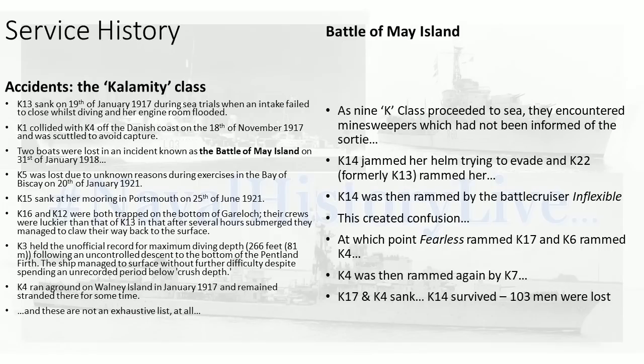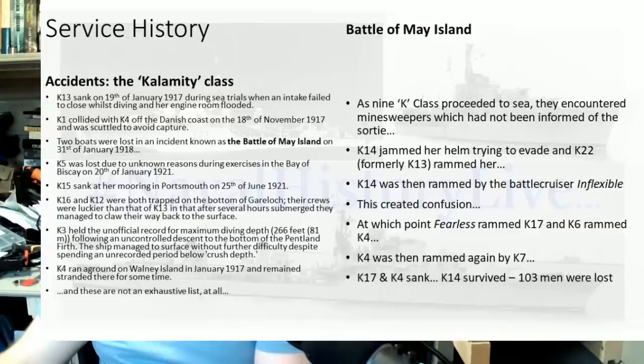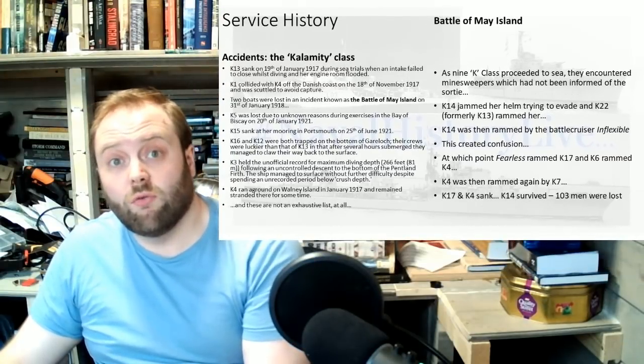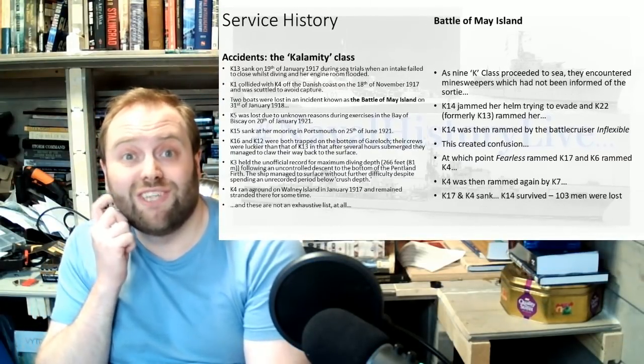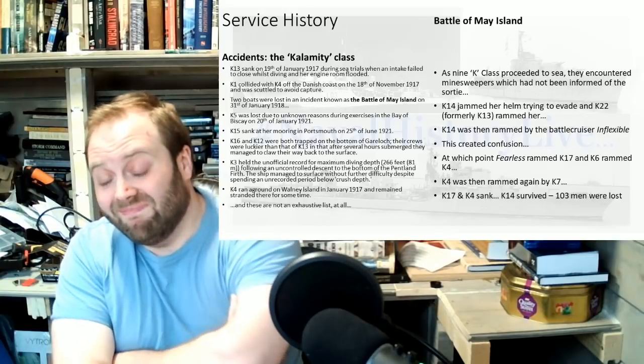K13 has the first rather major accident when, during sea trials, an intake failed to close whilst diving and her engine room flooded. One of the intakes for, of course, the steam engines. There's a lot of them.